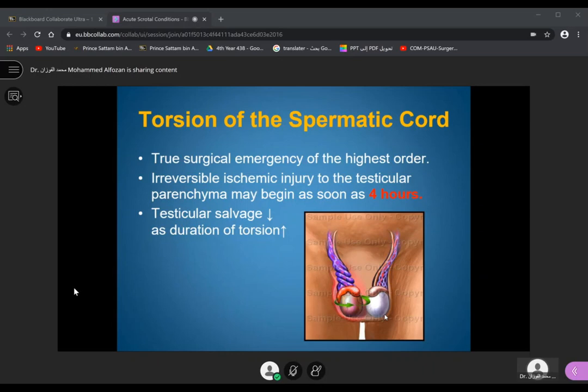Testicular salvage decreases as time goes by. So delaying the intervention for ultrasound or for further assessment, or any delays, will compromise the testicular tissue. Any tissue lost during torsion will not come back again, and you might lose the whole testis and leave the patient infertile.